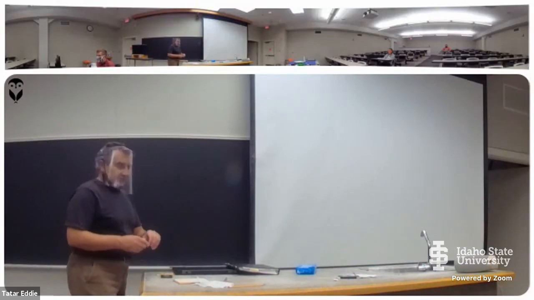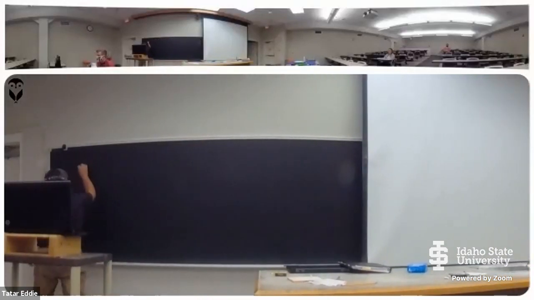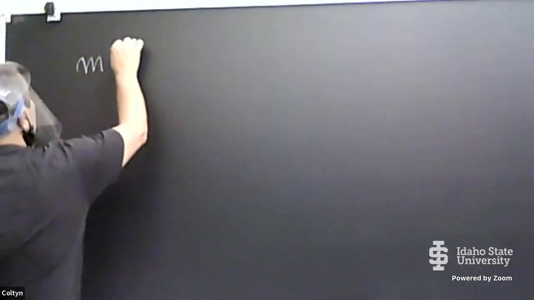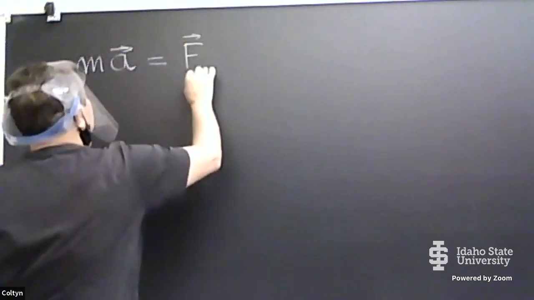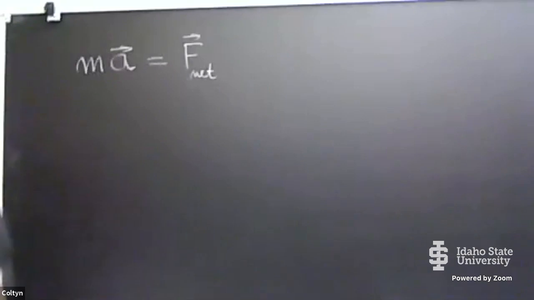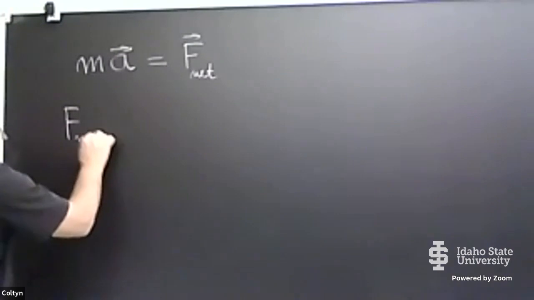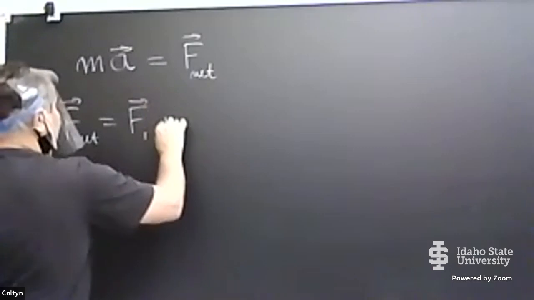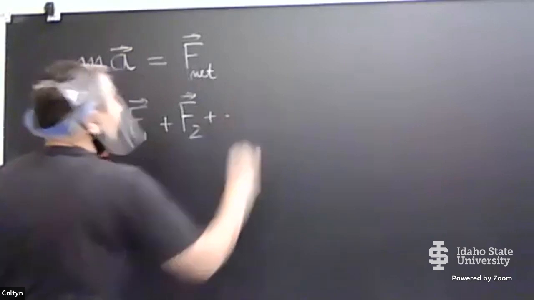If you have an object with mass m, the product of the mass of that object times the acceleration of that object is equal to the net force acting on that object. Here, by net force, we understand the vector sum of all forces that act on that object. So F1 plus F2 plus so on if you have multiple forces. It is a vector sum.